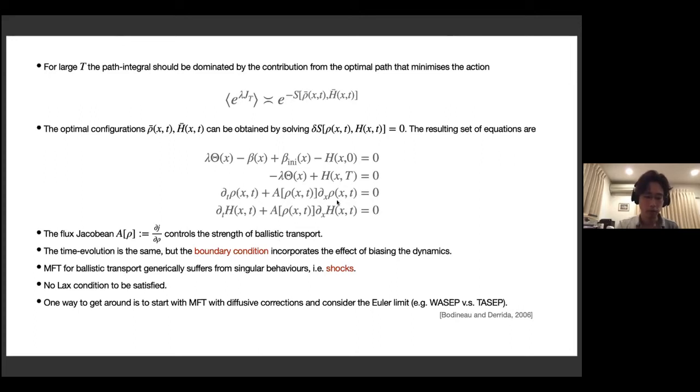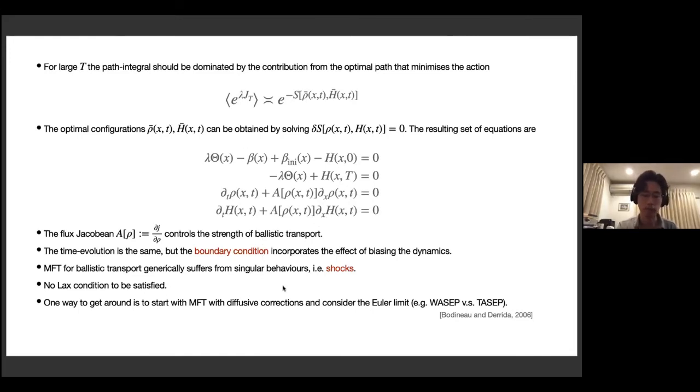But the situation here is a bit subtle compared to the diffusive case because, as you probably know, this kind of equation, nonlinear in the density, is often plagued by some singular behavior, which is called shocks. So you have to deal with it. The situation is even worse because there's no Lax condition or entropy condition that you can rely on to single out the weak solution from this equation.